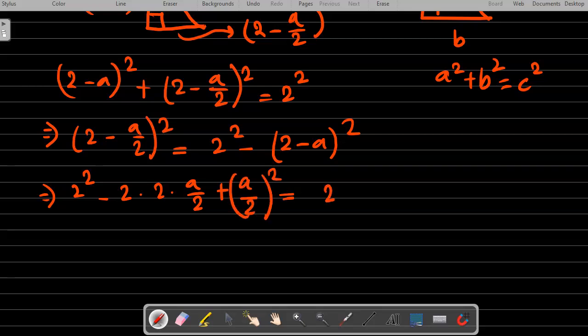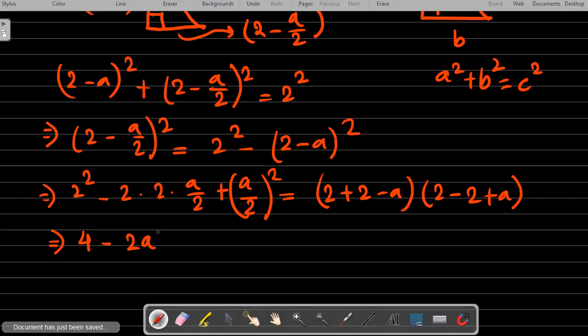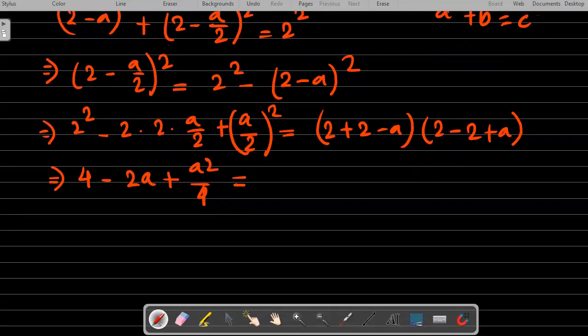This is equal to (2 plus 2 minus A) into (2 minus 2 plus A). So here you get 4 minus 2A plus A square by 4, that is equal to (4 minus A) into A.